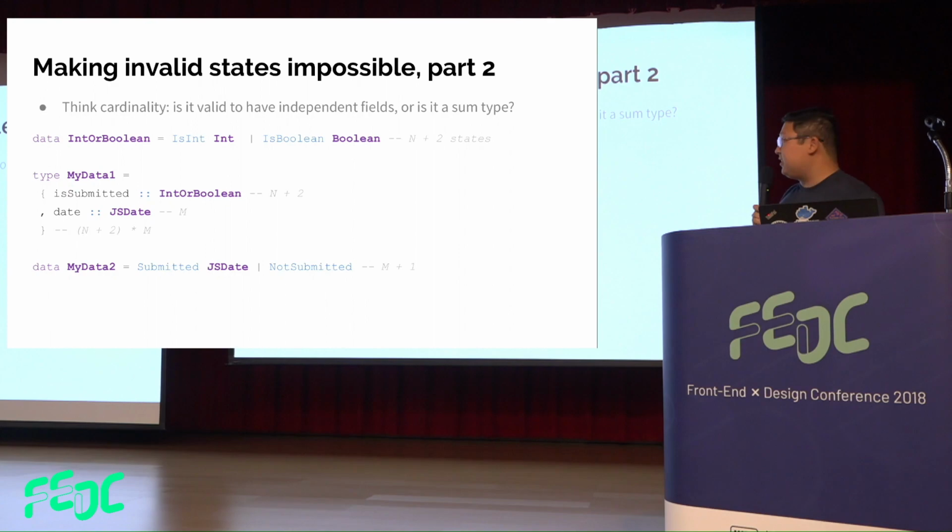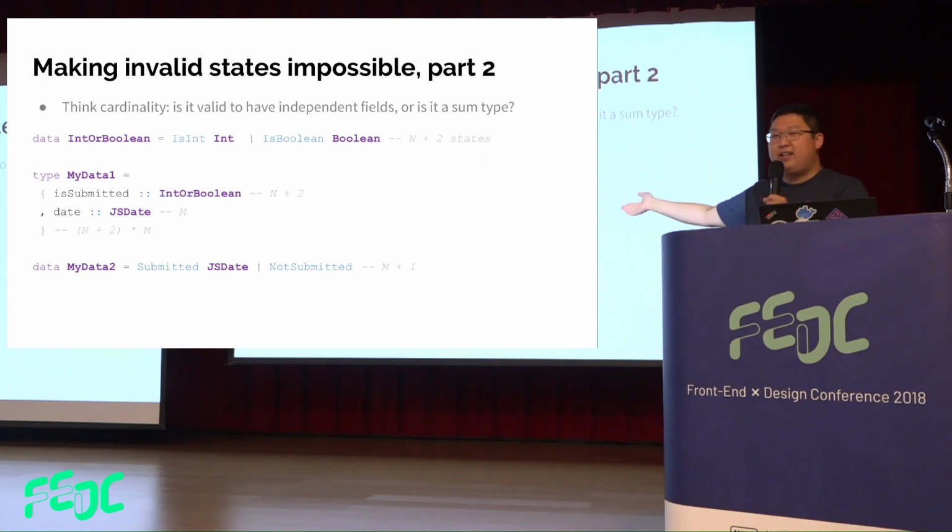If you put this together into a product type, then you have the multiplication with other arguments here, right? So if you have a record, which is somewhat equivalent to a product type, we could say that isSubmitted is going to be Int or Boolean, and then it can have a date argument that's a JS date.